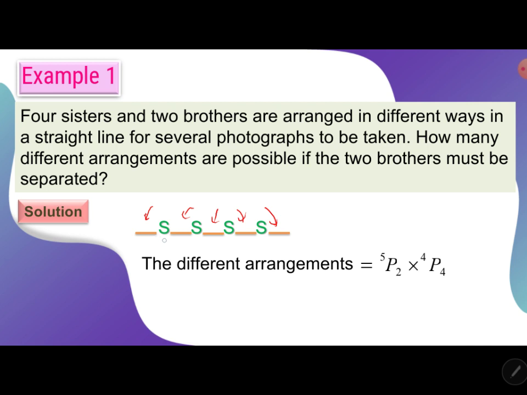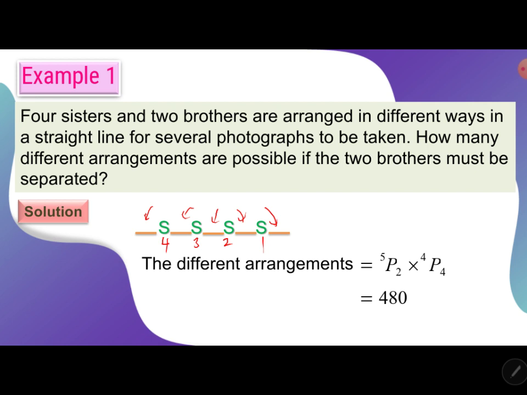So if the first sister is here, we have 4 choices, 3 choices, 2 choices, and 1 choice. We use all the sisters. So that's why 4P4. So the answer is 480 ways. So you can take different pictures. How many different picture arrangements? 480 different picture arrangements.